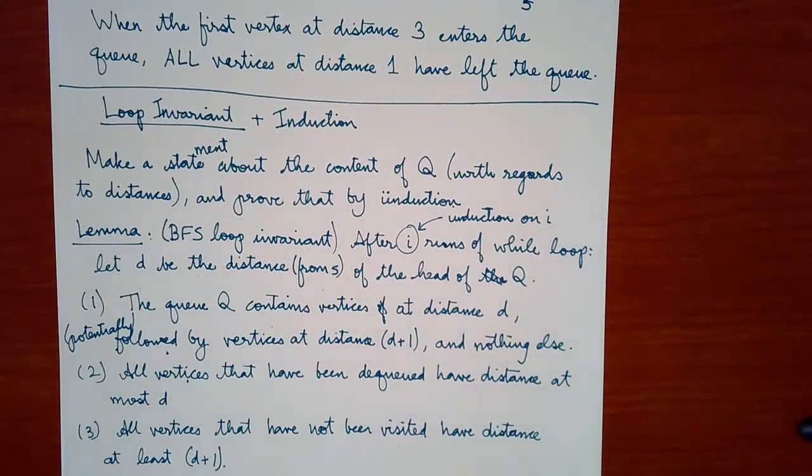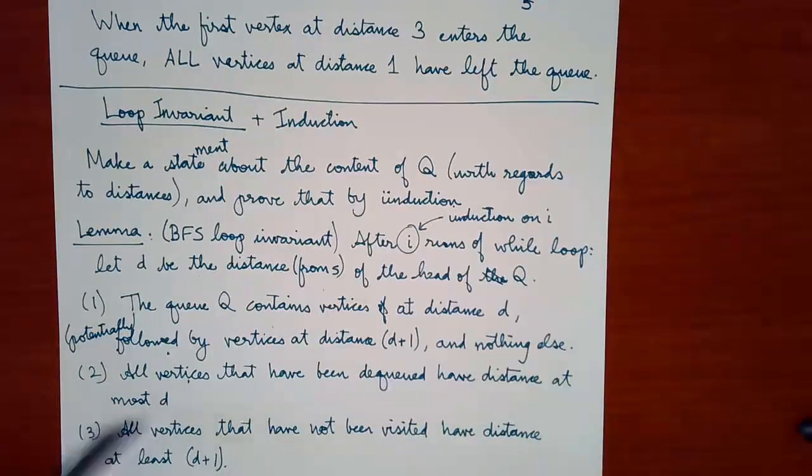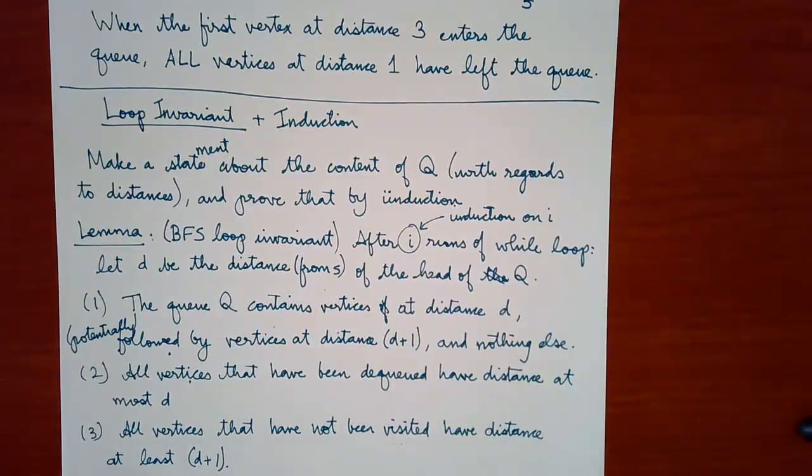First, d prime is either d or d plus 1. Second, the queue is always sorted by distance. Then this condition holds: all vertices that have been dequeued have distance at most d, and vertices that have not been visited have distance at least d prime. Does that make sense?